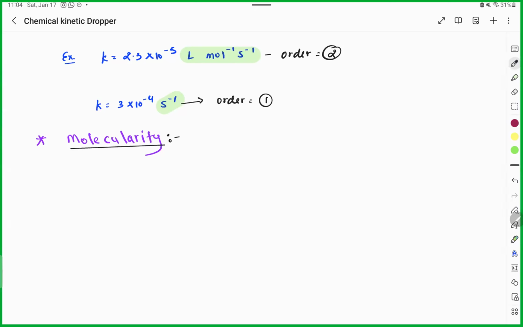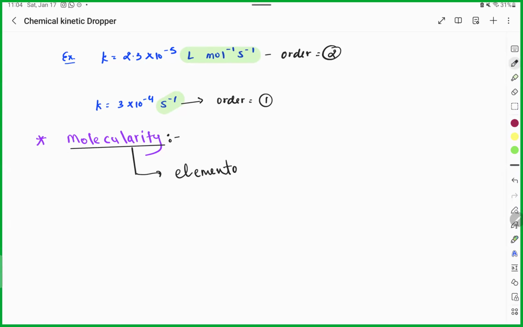So if you see the molecularity, this definition is really important, and you have to compare it with the order. Example, molecularity is how many chemical species are reacting in the elementary reaction. So remember this molecularity is for the elementary reaction.